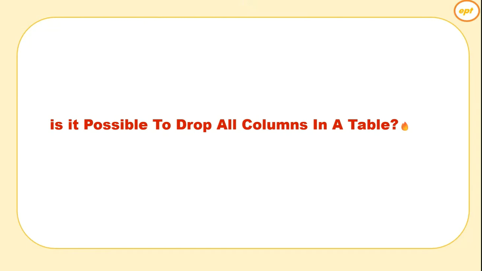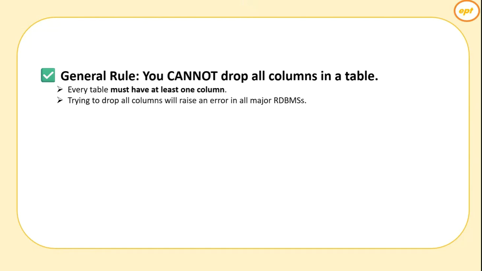Here we are not only going to look at the Oracle database, but we will also explore some interesting things in PostgreSQL and MySQL. Generally, you all know that it is not possible to drop all columns from the table. That is the general rule. Every table must contain at least one column.